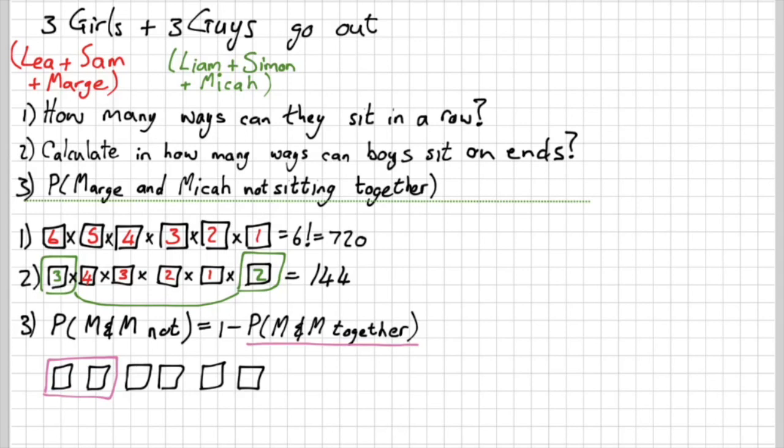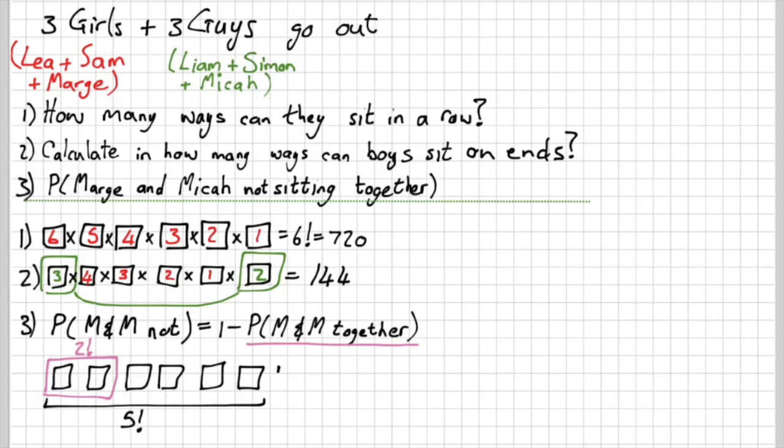So how many objects are there now? Well, now there are 5 objects. So the total number of ways, that's the box and the 4 others, will be able to move in 5 factorial different ways. But don't forget, in the box there are 2 factorial different ways that they could sit.